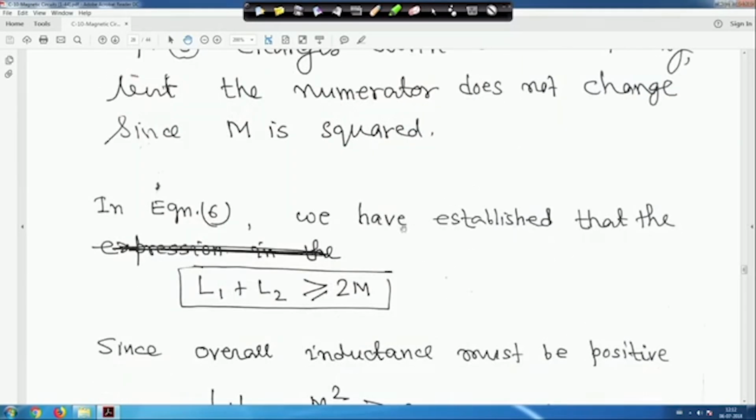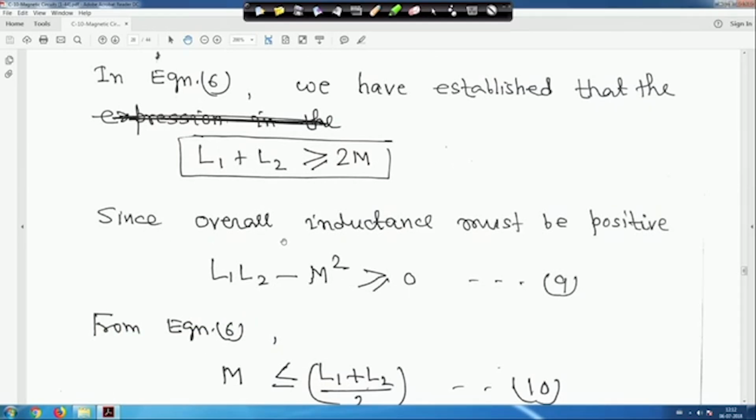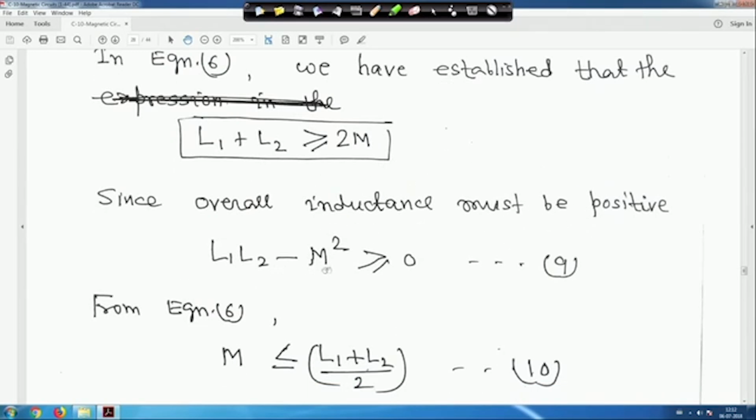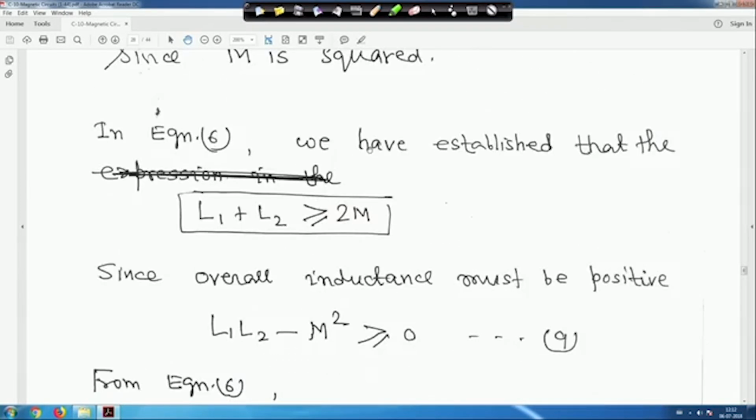In equation 6 we established that L1 plus L2 is greater than or equal to 2m for the series circuit, and the overall inductance must be positive. Here also, for making it positive, L1 L2 minus m square must be greater than or equal to 0.